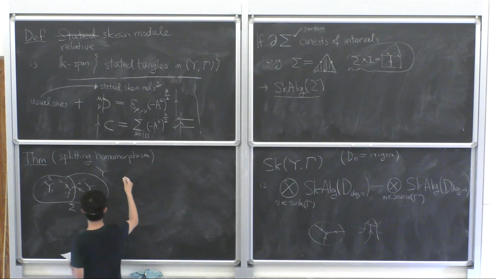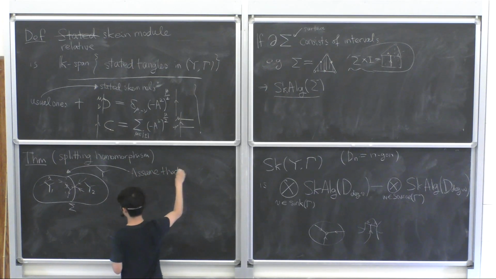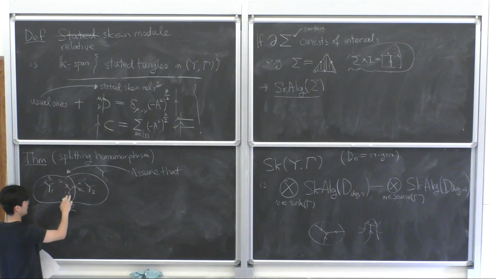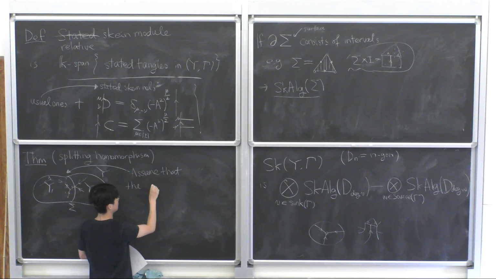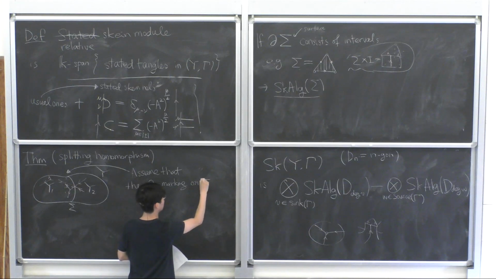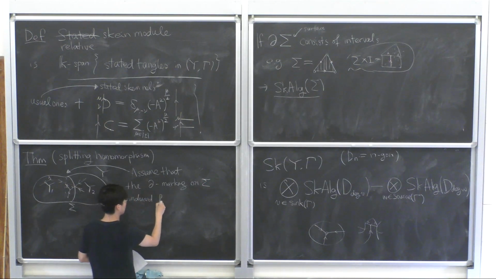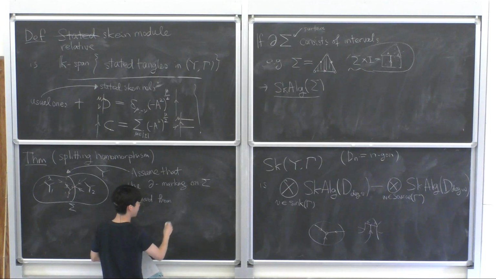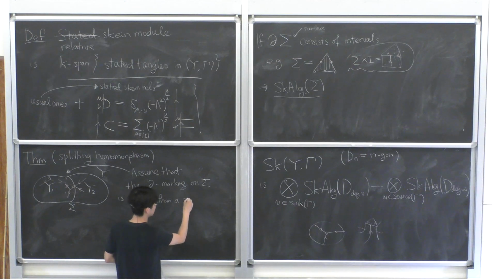So we have this condition: assume that the boundary marking of sigma is induced from a spectral network.